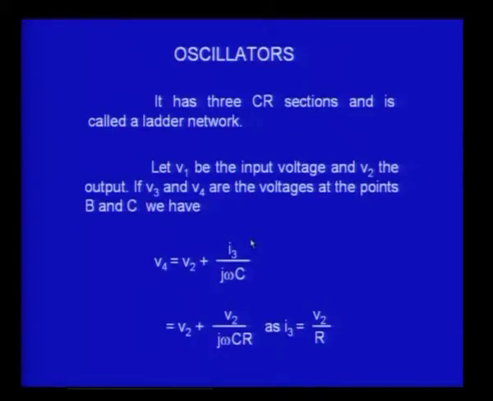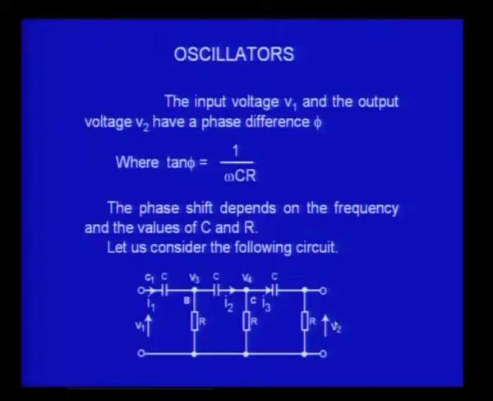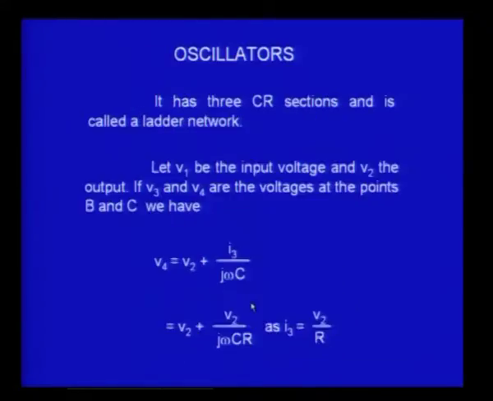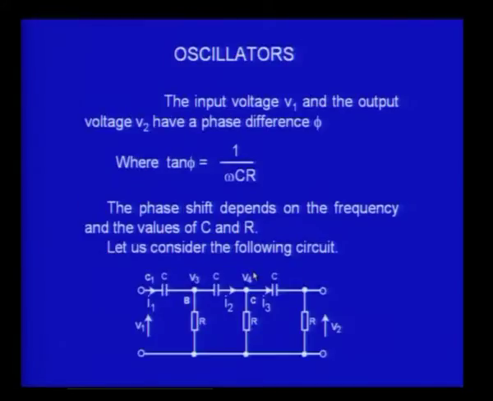Right. Now, let us try to derive quickly the expression. Now what is V4? V4 is equal to V2 plus I3 divided by j omega C. Why is it like that? V4 is here. What is V4? V4 is the voltage across R plus the voltage across C. The voltage across R is V2, we already know.